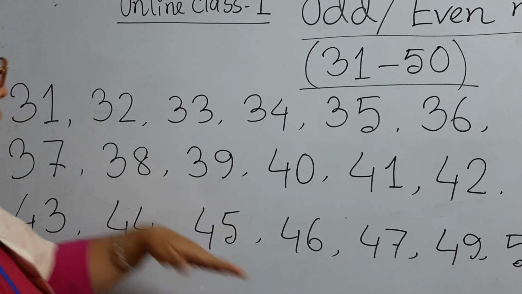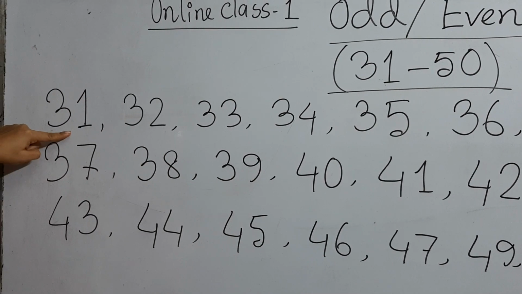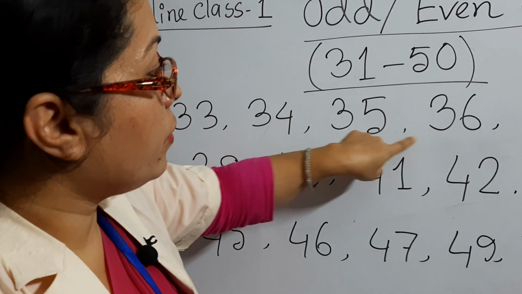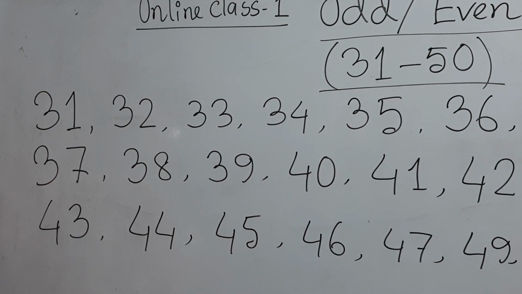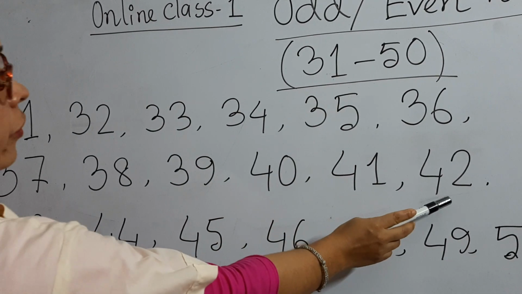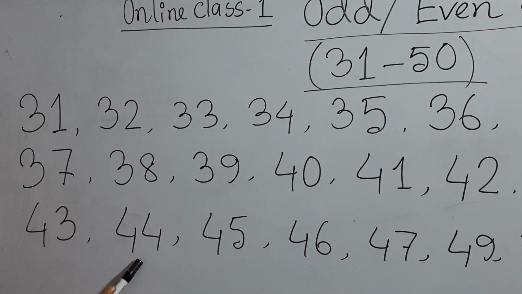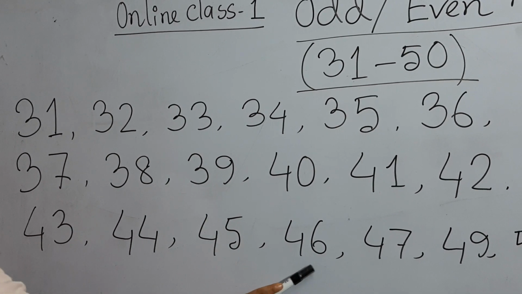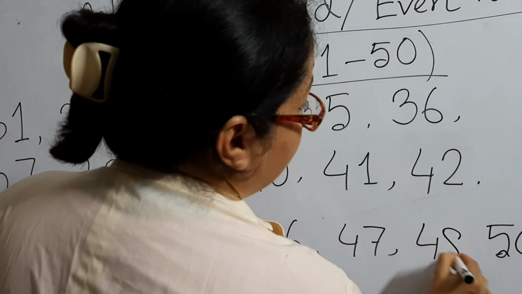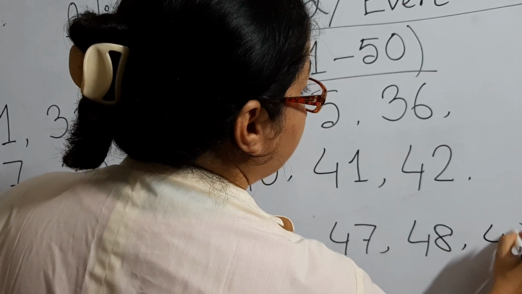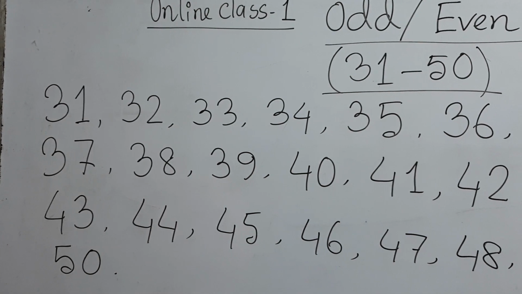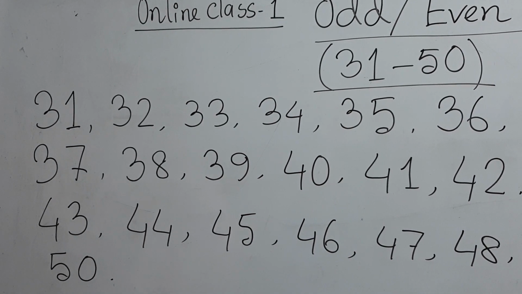Look on the board please. 31, 32, 33, 34, 35, 36, 37, 38, 39, 40, 41, 42, 43, 44, 45, 46, 47, 48, 49 and 50. Now, how will you understand which one is odd and which one is even?